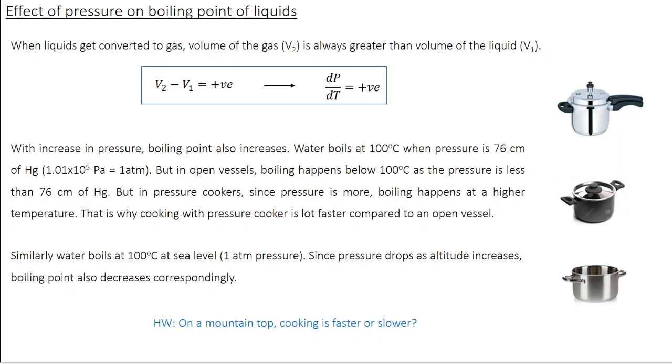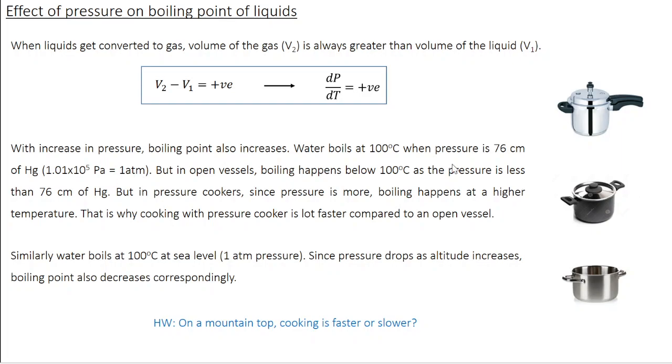You can convert this into a more standard unit. We know the SI unit of pressure is Pascal. 1 Pascal is 1 Newton per meter square. And 76 centimeter of mercury corresponds to 1.01 times 10 to the power 5 Pascal. Or if you want to use a more familiar unit, this is equal to 1 atm, 1 atmospheric pressure.